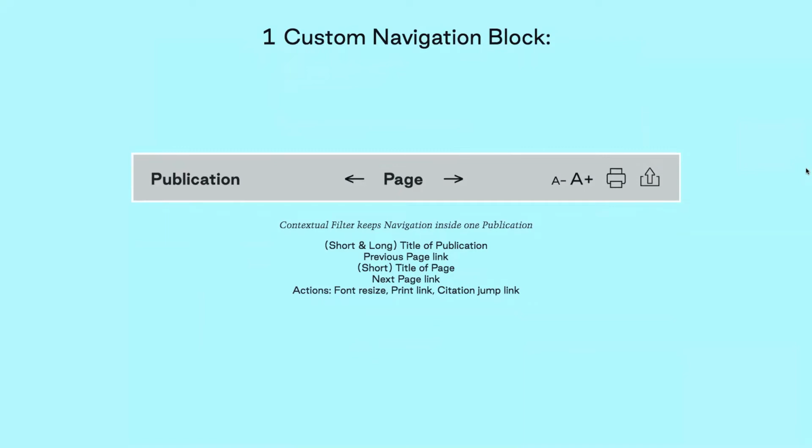This might be something that people would need control over. There's a print icon, again, still, because their audience is scholarly. You might want to print this out, even though with all this video, I think that's a little nuts. And then there's a link at the end, a jump link that will take someone down to the citation block, where they can learn how to cite this publication in their own scholarly work.